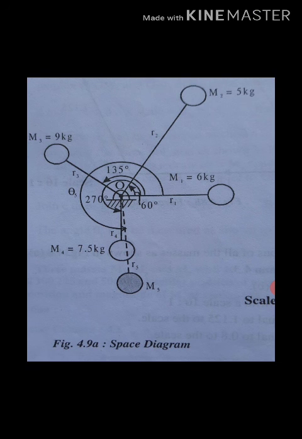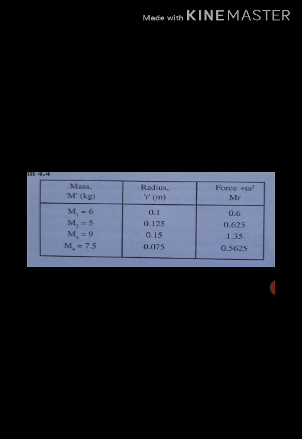Now to solve this graphically, we should draw a table of mass, radius and force, same as earlier. Name all the masses m1, m2, m3, m4, and all the radii r1, r2, r3, r4. Multiply them to get the centrifugal force M into R. So M1 R1 is 0.6, M2 R2 0.625, M3 R3 1.35, M4 R4 0.5625.